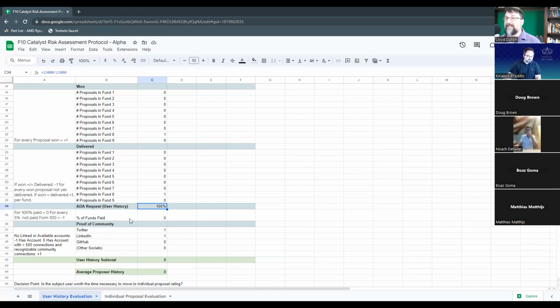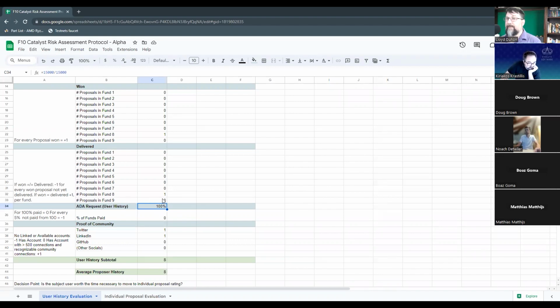This next one here tries to capture that as well. Again, this is me. So I had one proposal that I won in Fund 8, and I completed it. So because I have 100% and I completed it, I don't get any extra points for having completed it. It's just a 0. It just levels off.